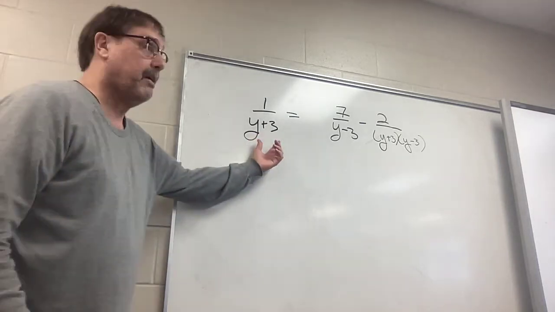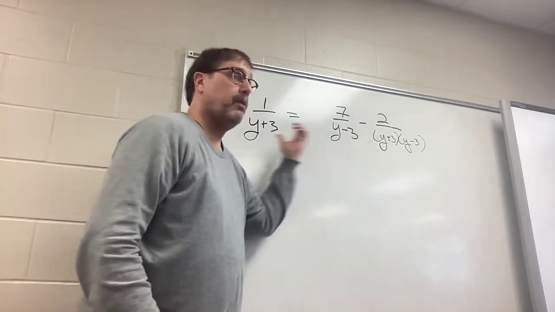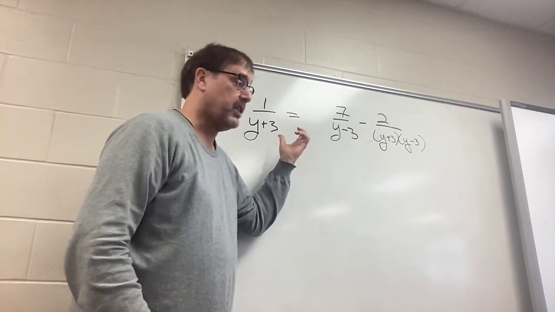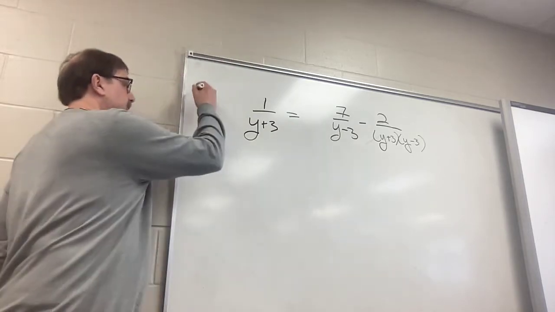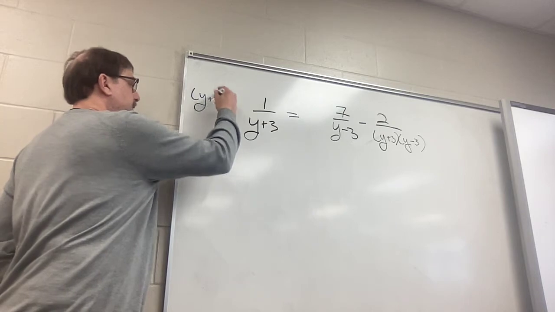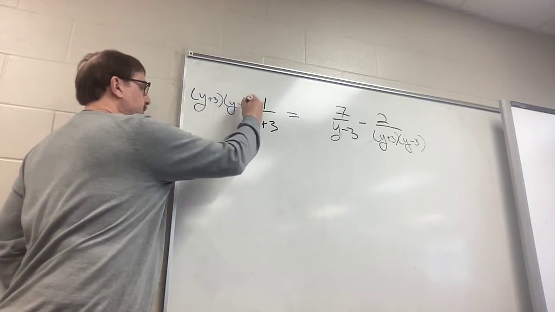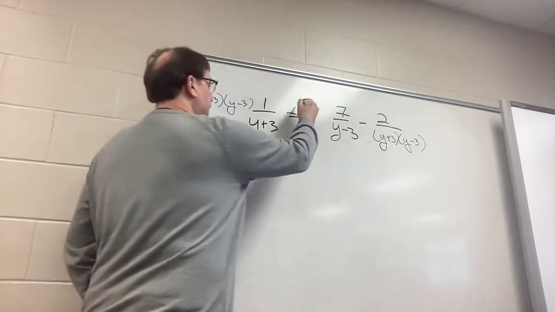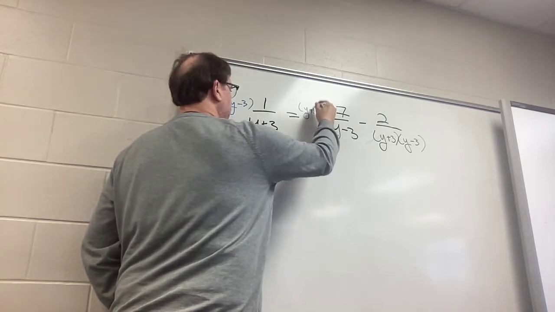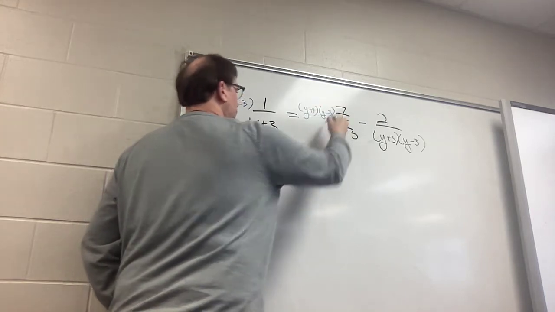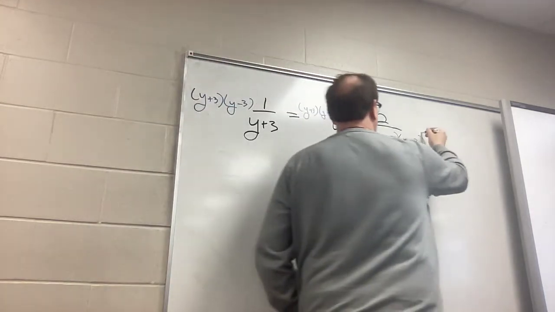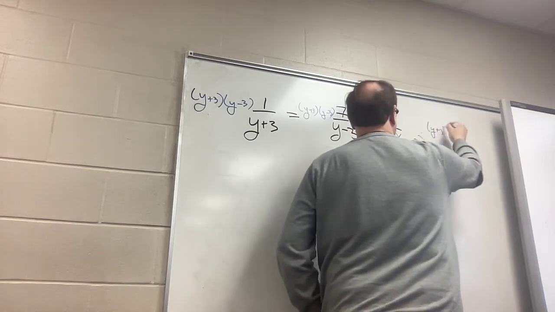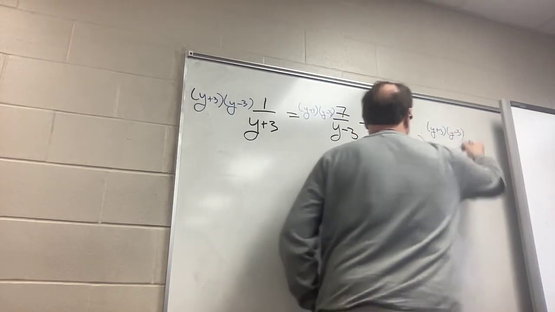In fact, the common denominator would be y plus 3, y minus 3. Say yep? Yep. So now take this times y plus 3, y minus 3. Take this one times y plus 3, y minus 3.